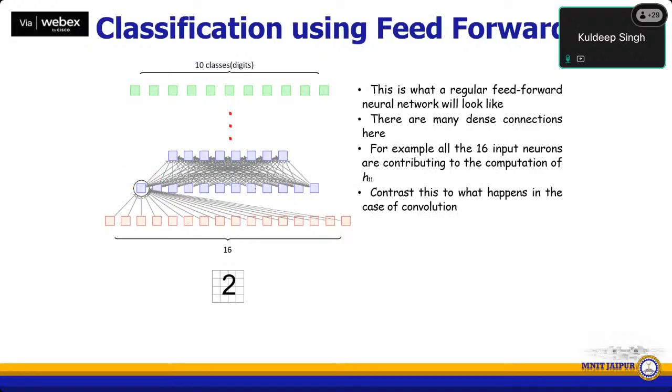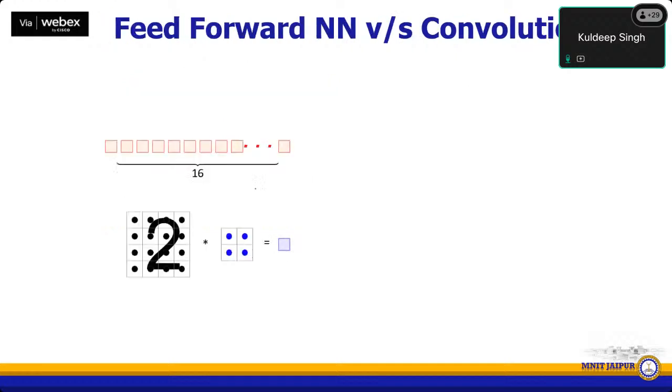Now, in contrast to this feed-forward neural network, what happens in the case of convolution? That we have seen, and let's have a detailed discussion on this one. Again, we can have 16 pixels in this image because we have considered a 4 cross 4 image size, and then we are applying a 2 cross 2 filter over it and computing the output from this.